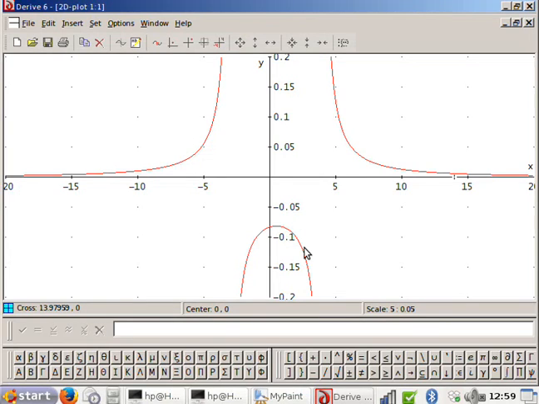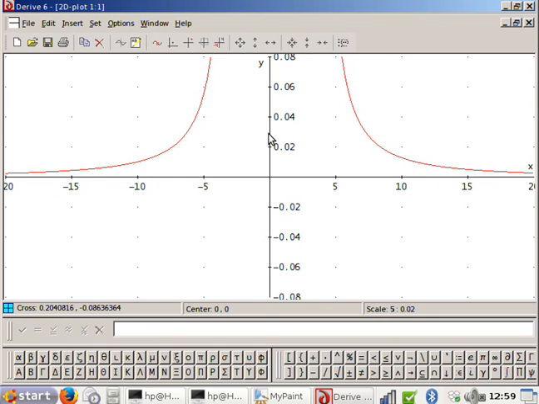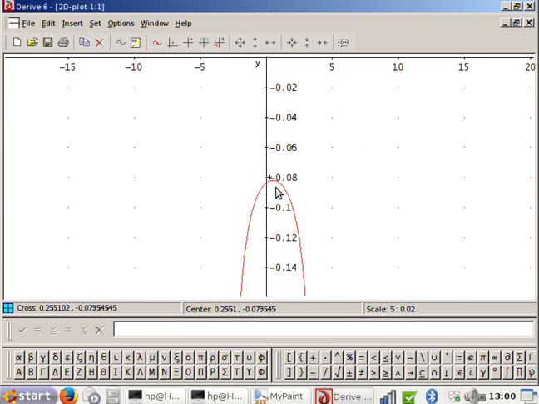Minus 0.08. Yeah, so there's 0.05, so that would be about 0.08. There, look, there it is right there. Center here, please. This is where all the action's happening. Center on cross. Alright, so I guess the answer at the back is wrong then.